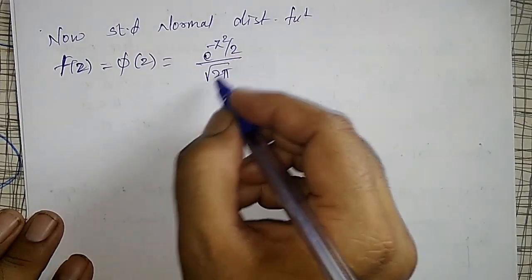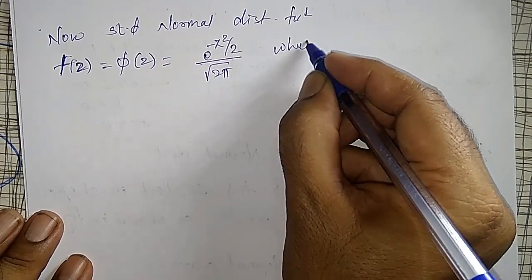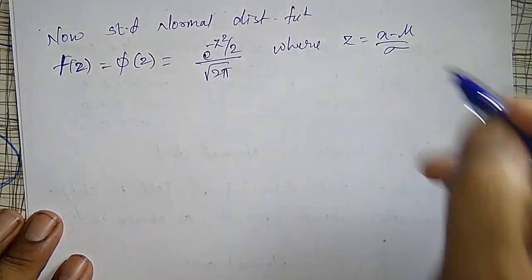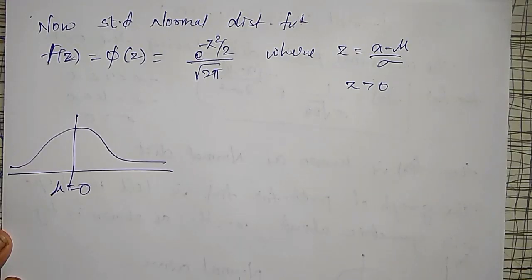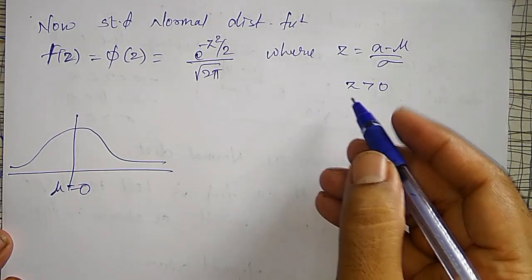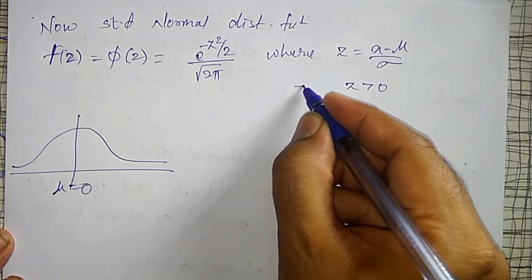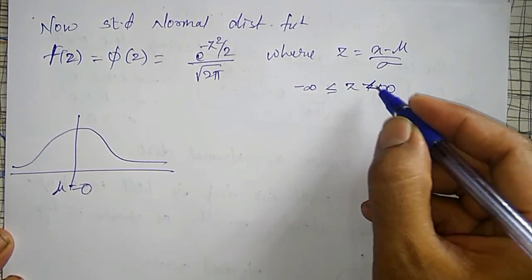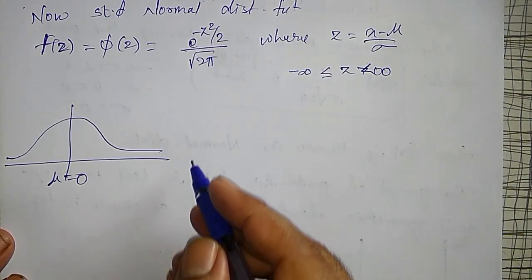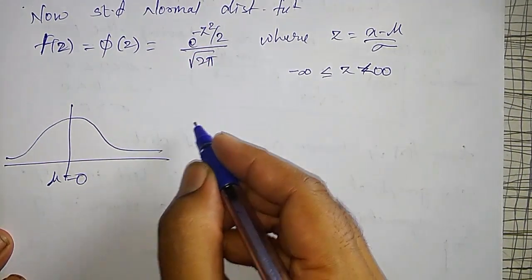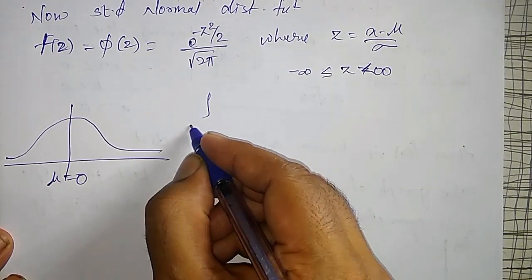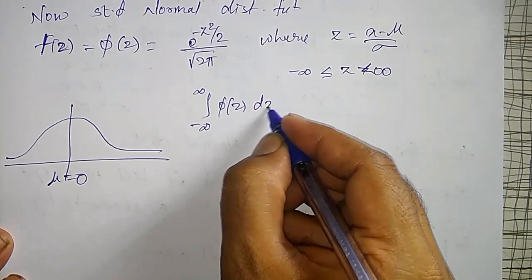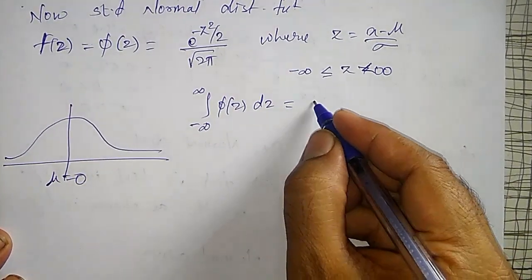This is a probability function now, where z is equal to x minus mu divided by sigma, and here z varies from minus infinity less than or equal to z less than or equal to plus infinity as x varies. Therefore if I integrate this between minus infinity to plus infinity, phi of z dz, it must be equal to again 1.